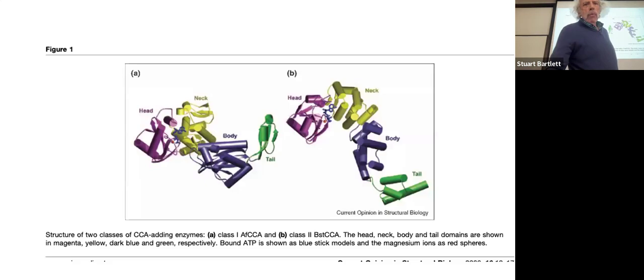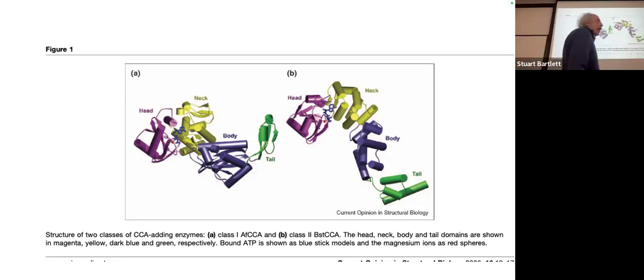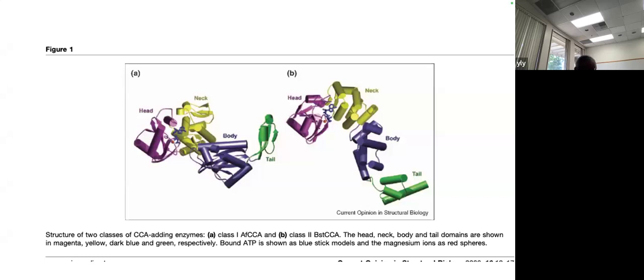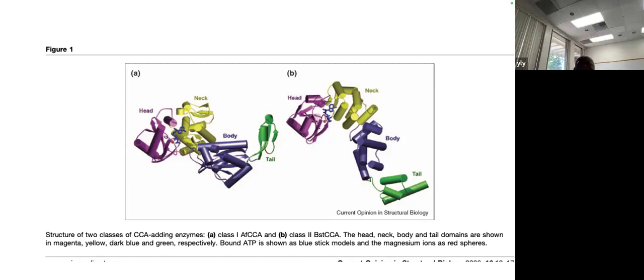So I'm going to talk to you about the CCA enzyme. Here they are. There are 2 of them. One is archaeal and one is bacterial, and I'm going to emphasize mostly the bacterial. The one thing that they have in common is the catalytic site. The head here is the same in both. Everything else is different.